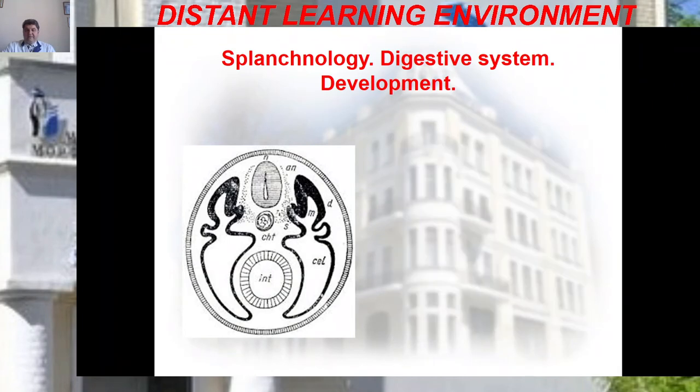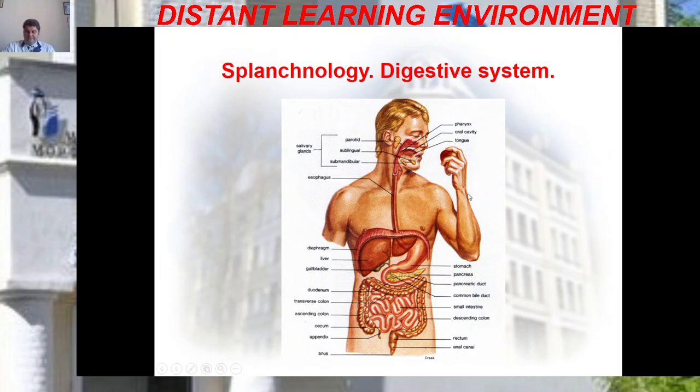So the human alimentary canal is subdivided into the following parts: cavity of mouth, pharynx, esophagus, stomach, small and large intestine.